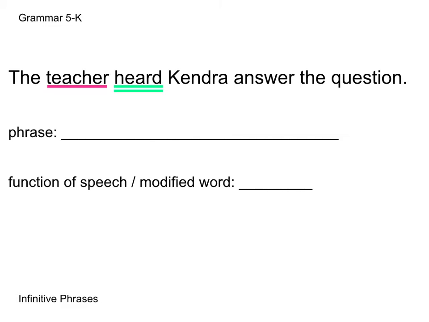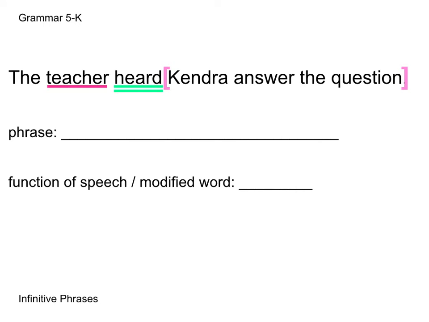She heard something, so we're going to double underline heard. Now we have Kendra answer the question. Well, we can see answer is going to be a bare infinitive, and so we are going to understand that the entire phrase, Kendra answer the question, is an infinitive phrase, because if you leave anything else outside of that phrase, it really doesn't make sense in the sentence.